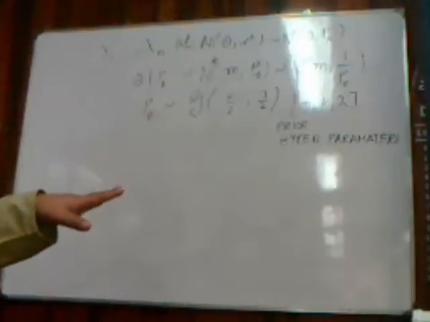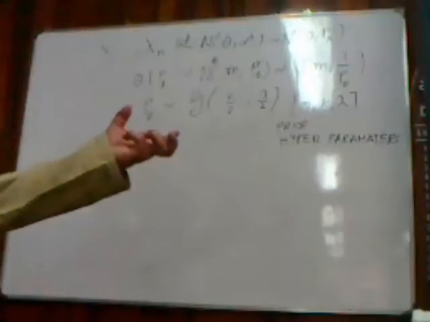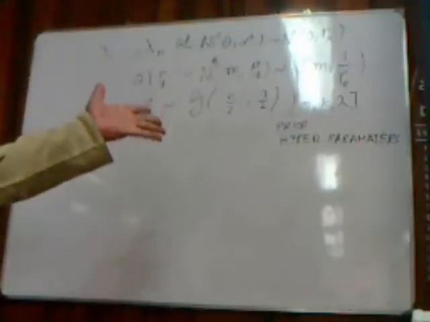Previously, in the first calculation I did, I assumed that variances were known. In that case p theta was a hyperparameter because it was assumed known. But now I'm considering the case where the variance is unknown in the original distribution, and therefore I'm going to put a distribution on the sigma squared also.